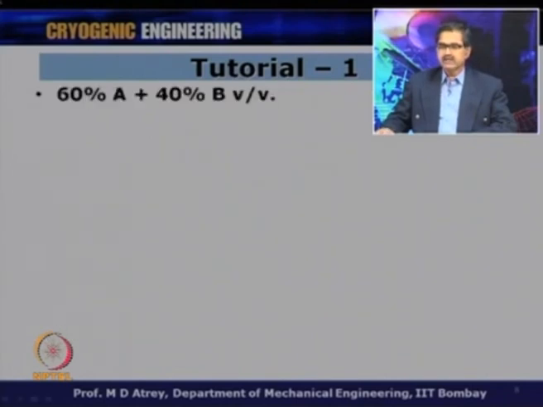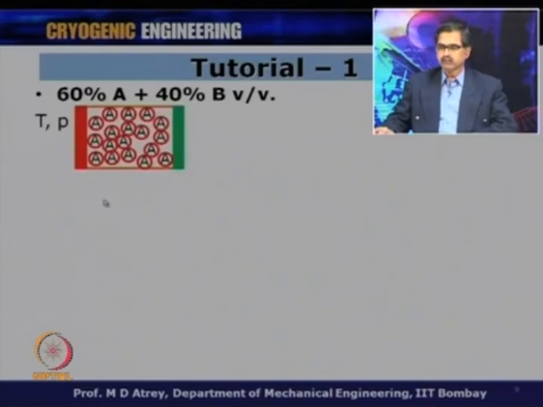Okay. Now, let us see the second case when the volumetric composition is given for A and B. So, we have 60% A and 40% B on a volume basis. Gas A is going to take 0.6 times the total volume. The volume occupied by A is 0.6 times Vt, where Vt is the volume occupied when the two gases come together.